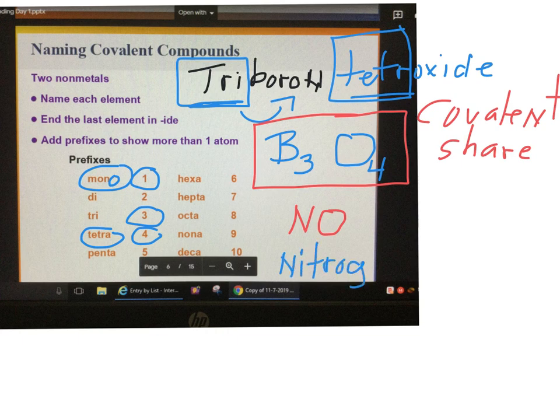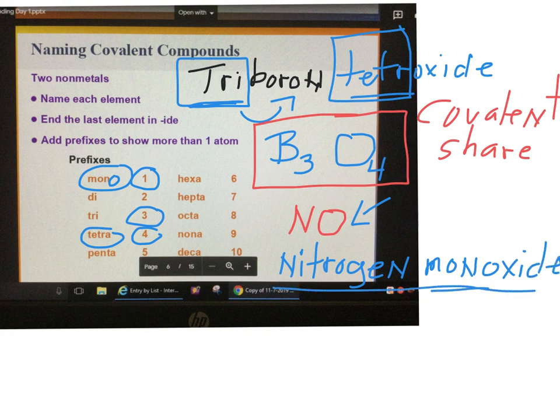It's not wrong if you write mono, but you don't have to. For the second element, however, you must write the mono. If not, it's incorrect. So this would be monoxide, because I have one nitrogen and one oxygen. This would be your chemical name for NO. If we need more examples, feel free to ask me. You can stop this video and ask me through Zoom.